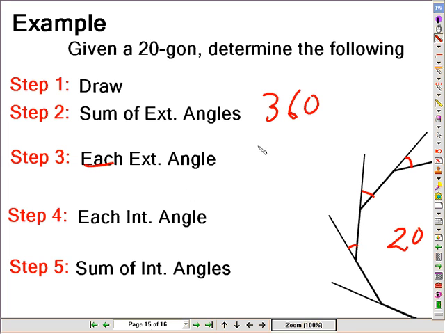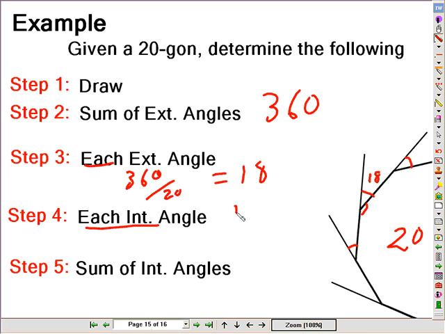But to find each exterior angle, we're going to take that 360 and divide it by how many we have. So 20 angles, 360 divided by 20 gives us 18 degrees. So if each exterior angle is 18 degrees, how much is each interior angle? Well, that's a linear pair.